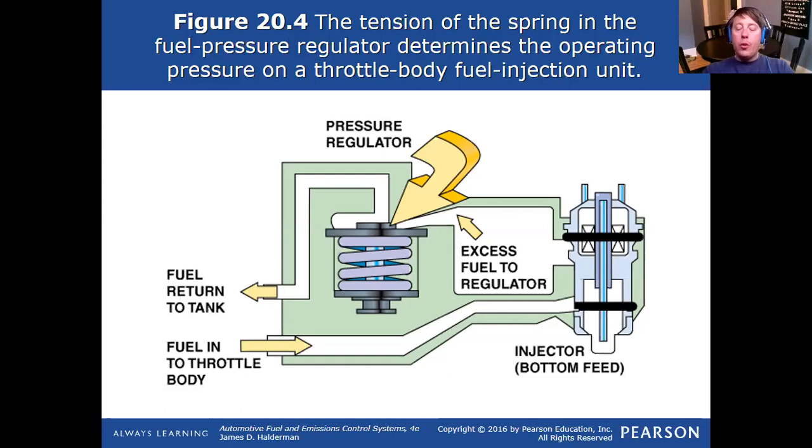If a computer is going to spray 2 milliseconds worth of on time, so it's going to turn on that injector for 2 milliseconds, it's assuming that fuel pressure is correct. It doesn't know that fuel pressure is high or low.